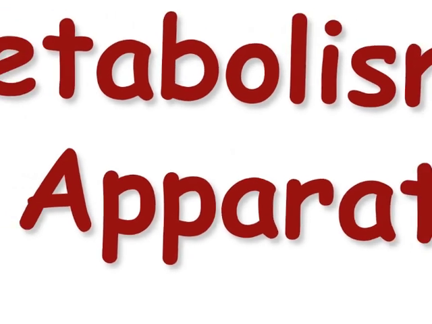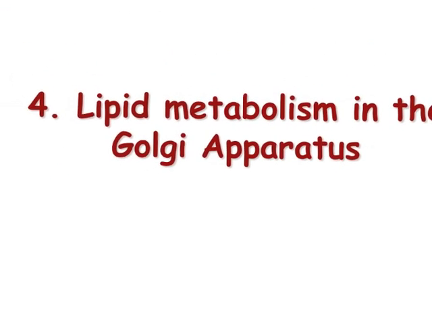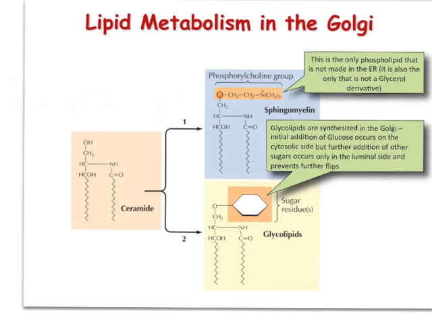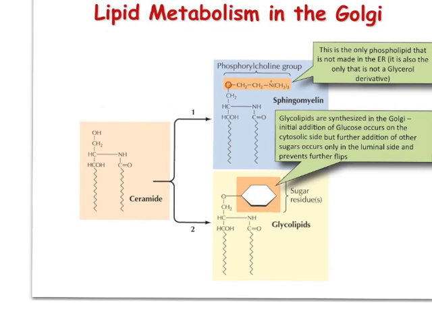Now on to talking about lipid metabolism in the Golgi. We had previously mentioned that all phospholipids that are derived from glycerol are synthesized in the endoplasmic reticulum. There is another important precursor for phospholipids that is also synthesized in the endoplasmic reticulum, that is ceramide.